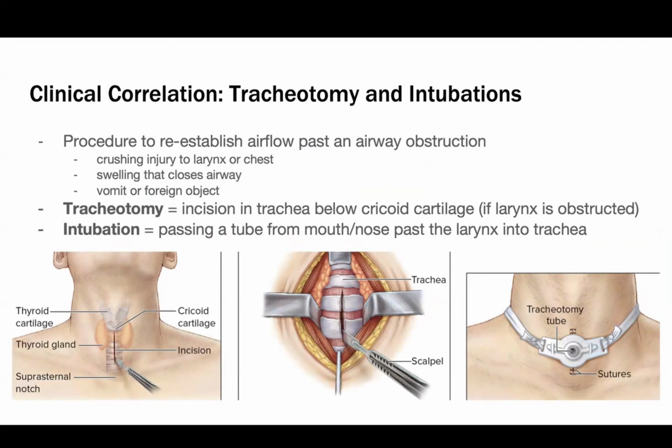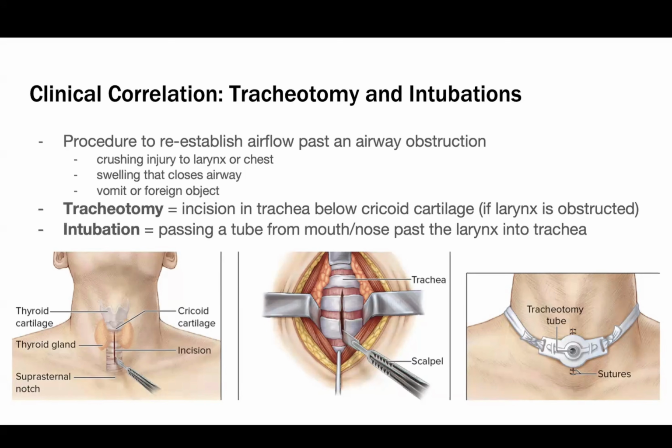There are two important airway procedures that this anatomy is super relevant for. First up, we've got a tracheotomy. When you see otomy, think cutting into. This is an incision into the trachea made at a level below the cricoid cartilage. Now, a lot of movies and medical dramas love using tracheotomies.